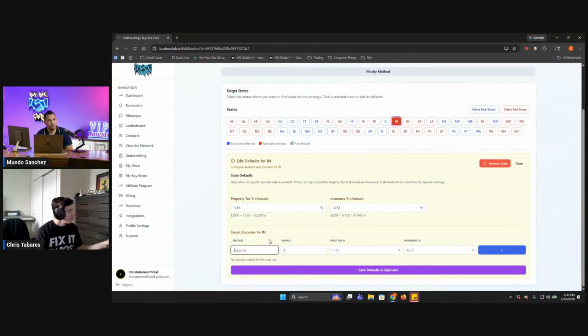Yeah, a couple places he gave me were Martinsville, Indiana, or Camby, Indiana. I can look up what those zip codes are just to use them here. The zip code for Camby, Indiana is apparently 46133.